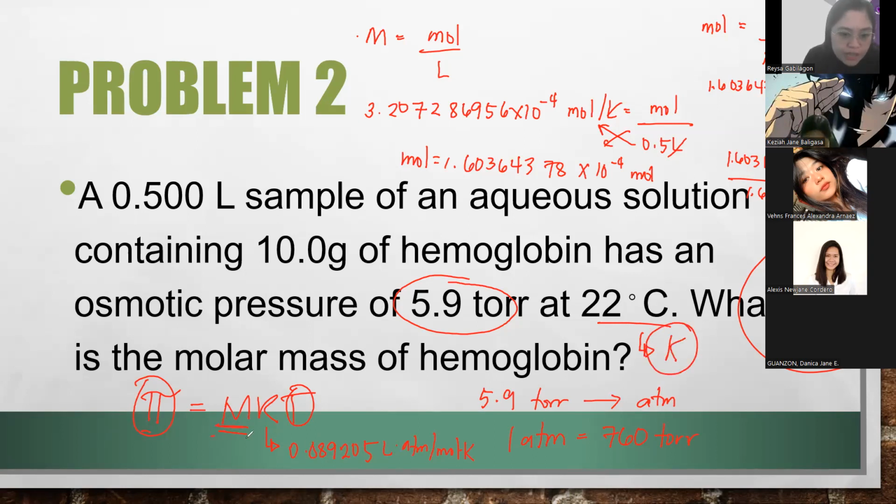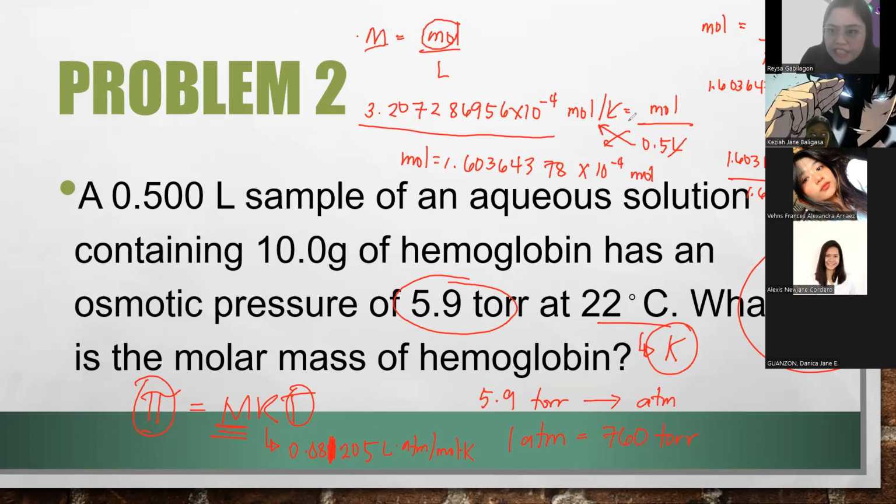So, for you to get the molarity. Ito yung tanong kanina, paano nakuha itong 0.320786956. Ay, sorry. Bakit talaga ng 9 dyan? 0.08205. Okay? And then, pag nakuha mo na yung molarity, you can now compute for the moles.